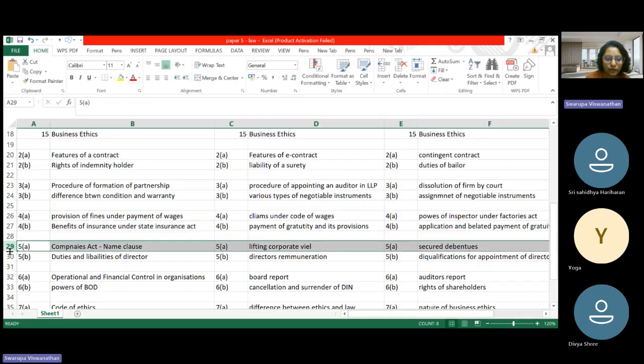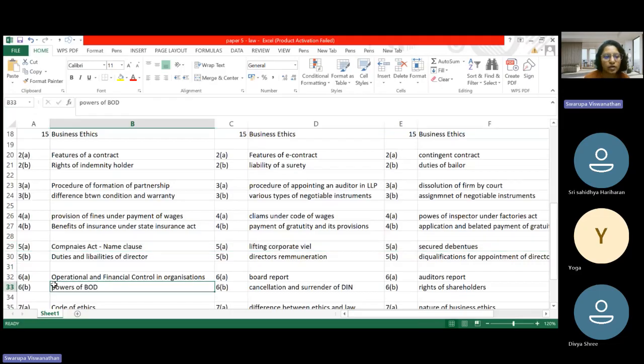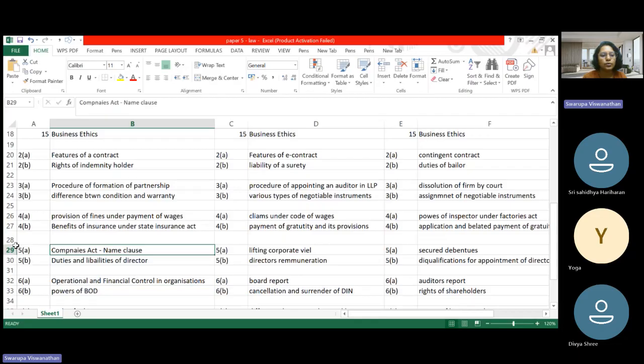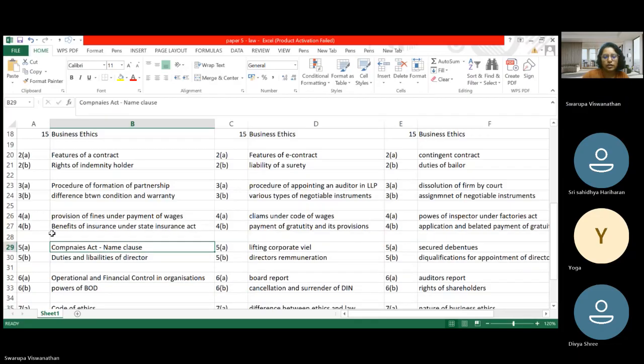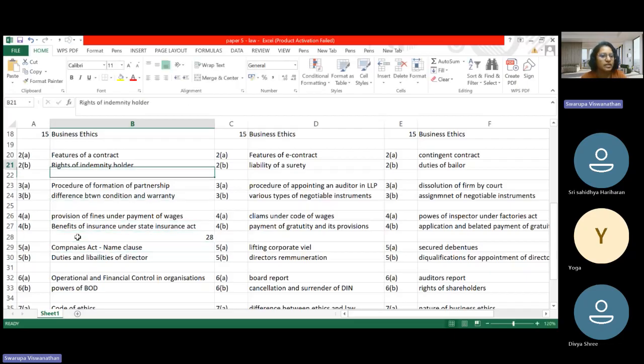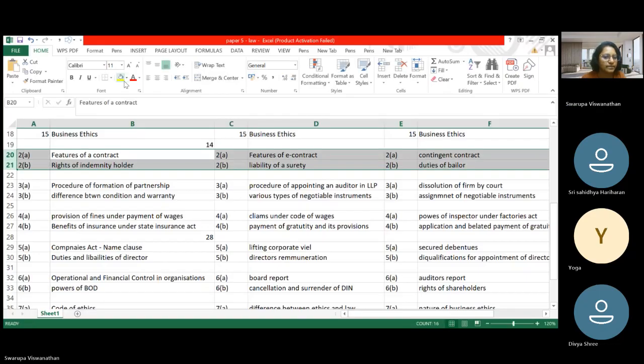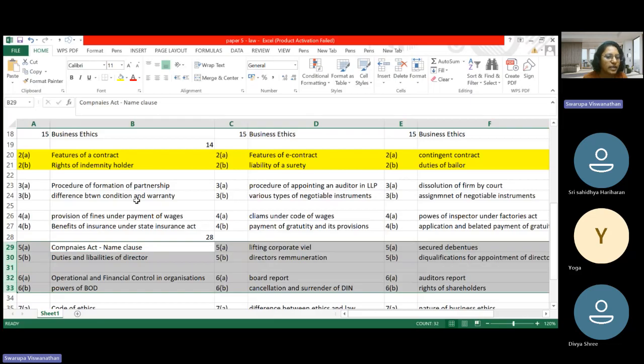Then 5A and 5B are completely on Companies Act. 6A and 6B again on Companies Act. So Companies Act is 14 into 2, which is 28 marks. Here it is 14 marks in contract.